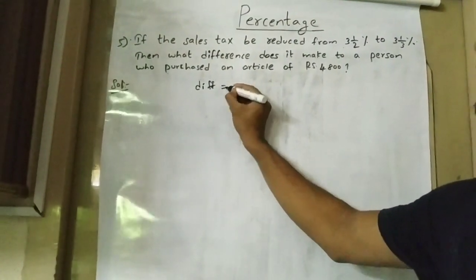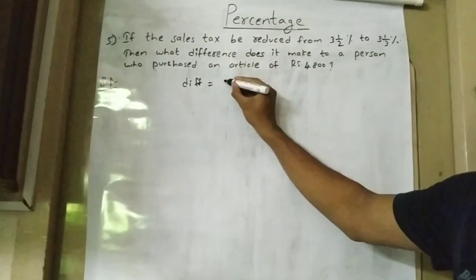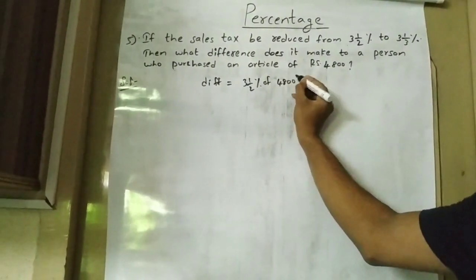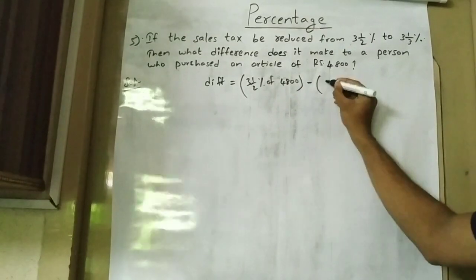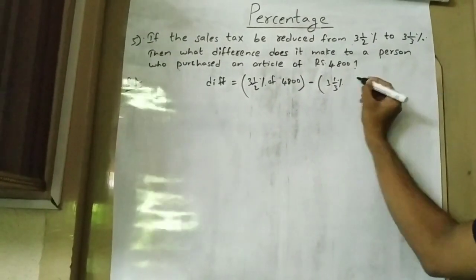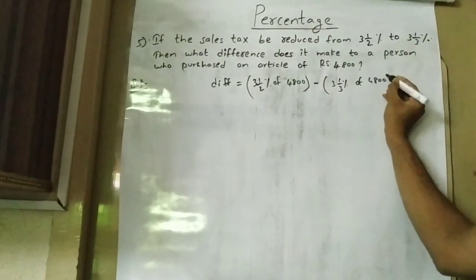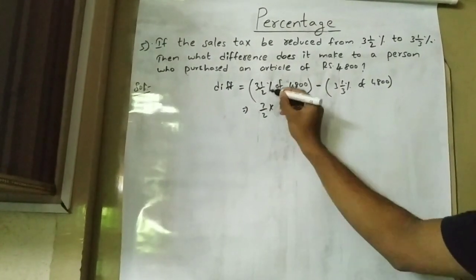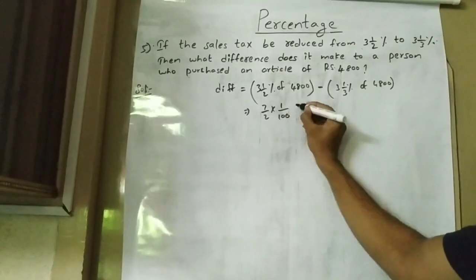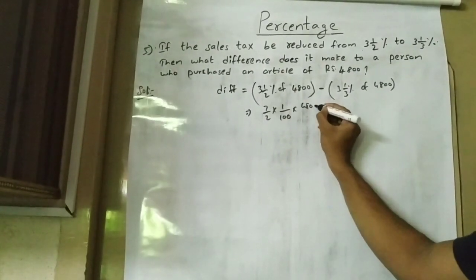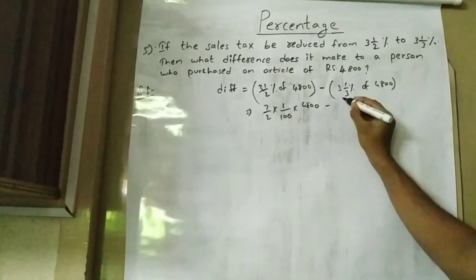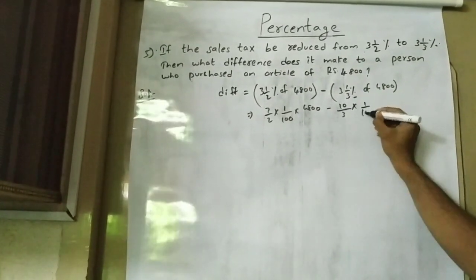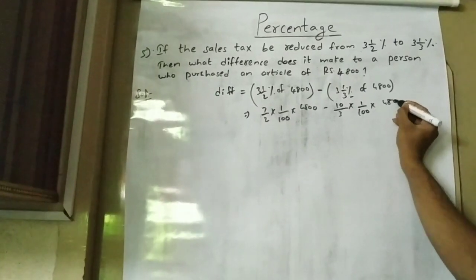So difference is equal to 1 by 2% of 4,800 minus 1 by 3% of 4,800. 3 2s are 6, 6 plus 1, 7 by 2 percent means by 100 into 4,800 minus 3 3s are 9, 9 plus 1, 10 by 3 percent, 1 by 100 into 4,800.